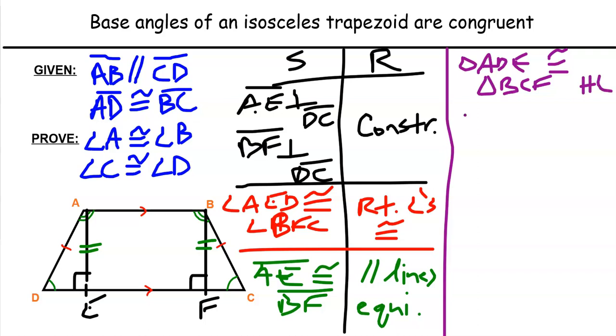And that means that angle D is congruent to angle C by CPCTC. Cool. That's one step of that done.